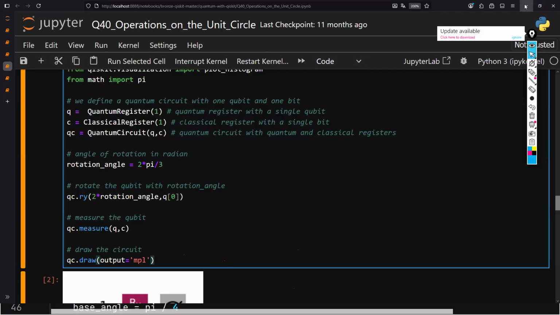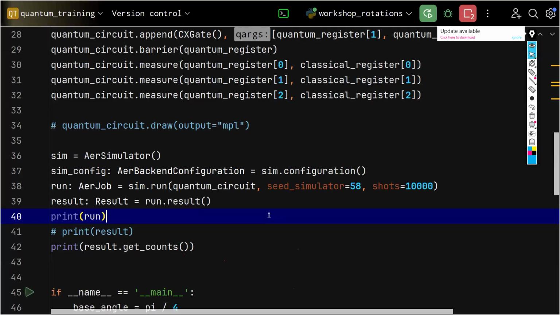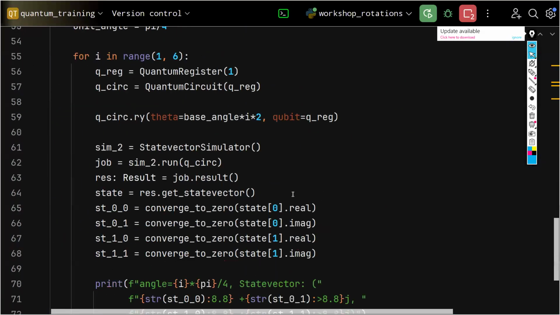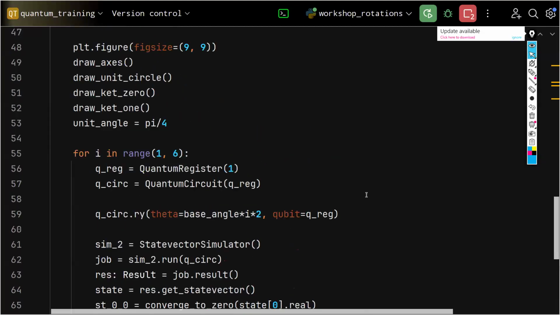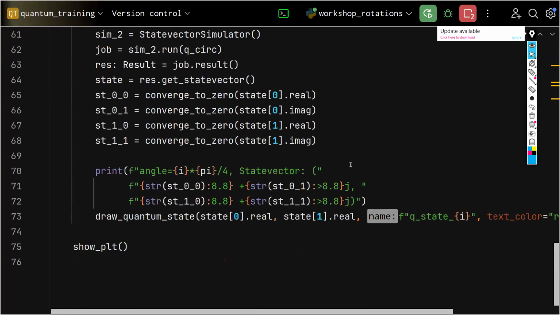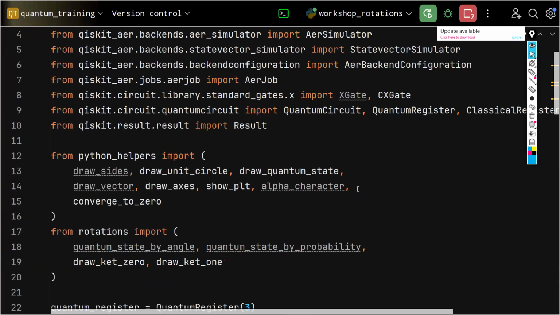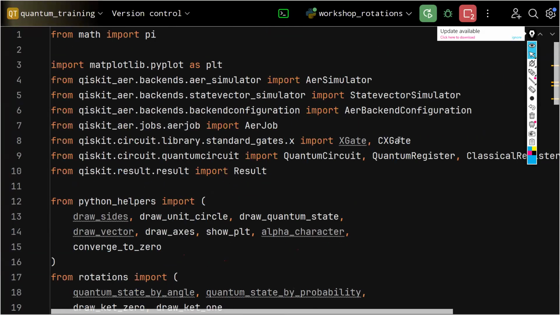Yes. So one extra piece of information, coming back to the program that I have prepared, is that there are more simulators.